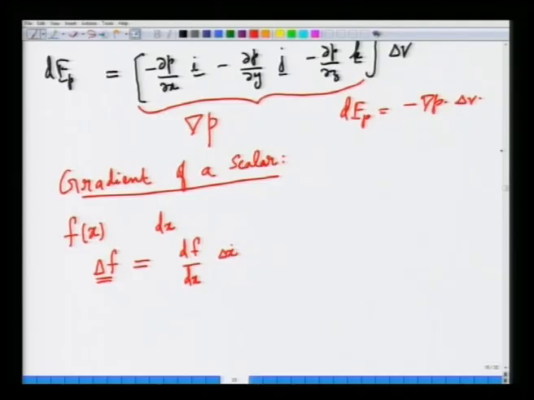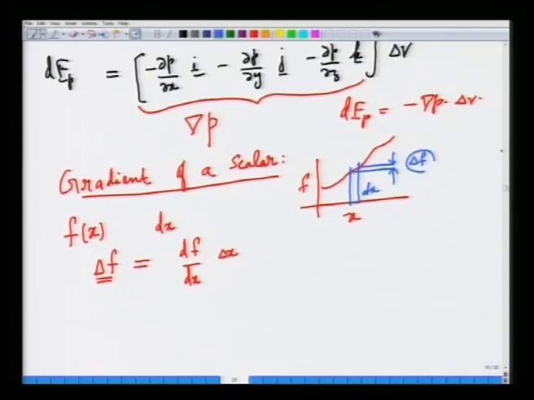As delta x becomes smaller and smaller, suppose I have a function f versus x and I take a tiny element of length dx, this change is the change incurred by the function, delta f. This change is nothing but the slope at that point times the displacement you are doing.